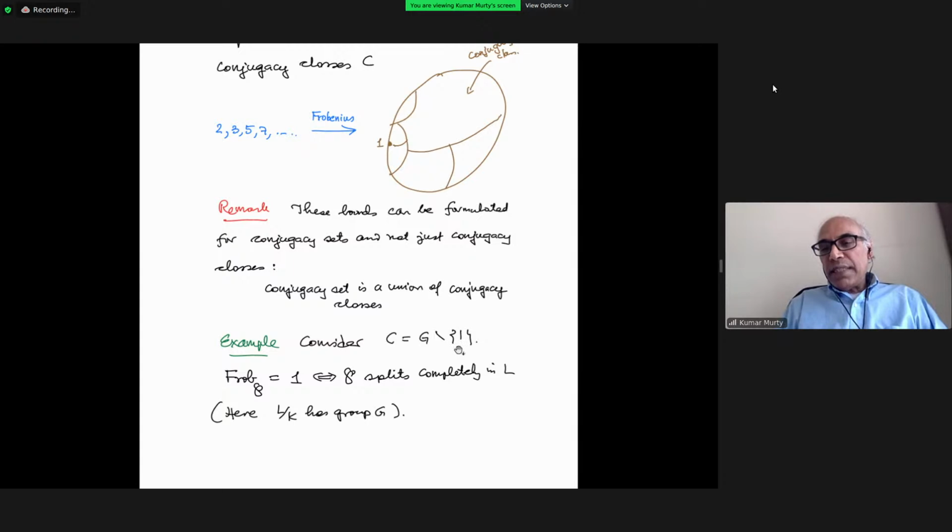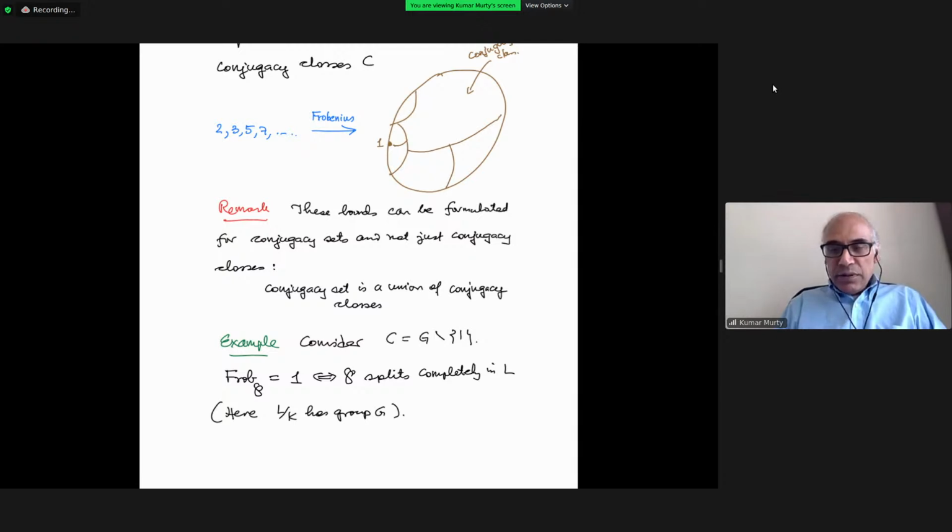Namely, just remove the identity element. Okay? G minus the identity element. So what does it mean for a Frobenius element to be trivial? It means that the prime splits completely. So by removing the identity, and asking Frobenius to land in C, I'm looking for primes that don't split completely.